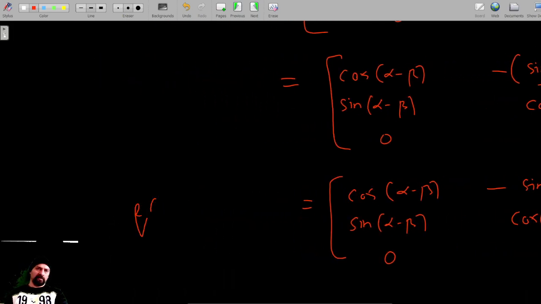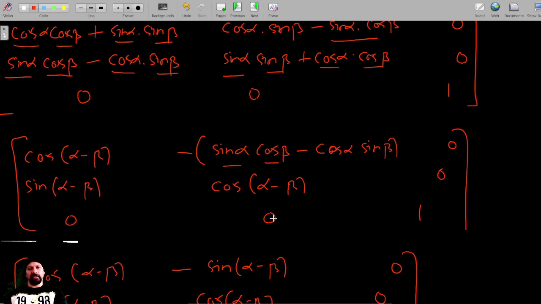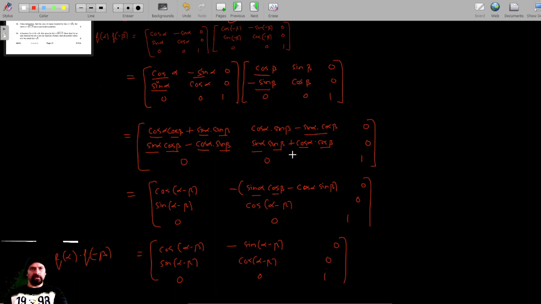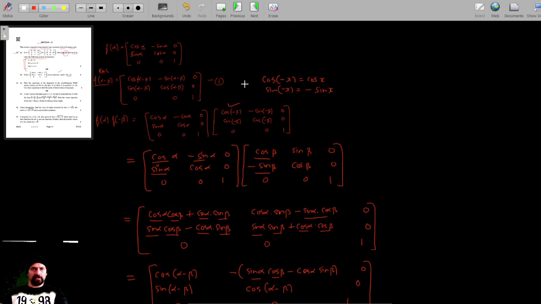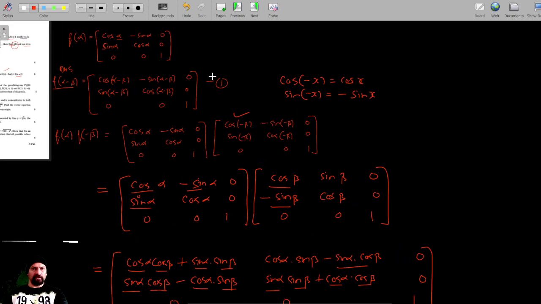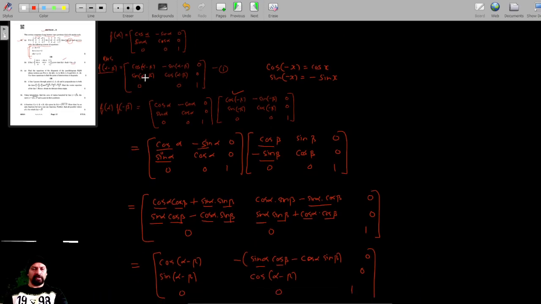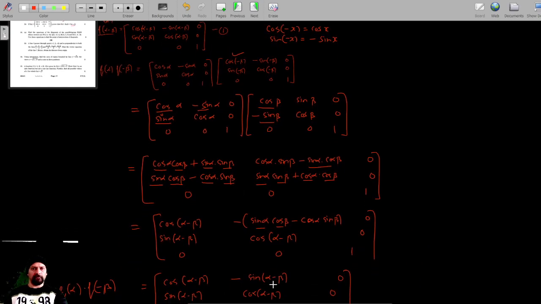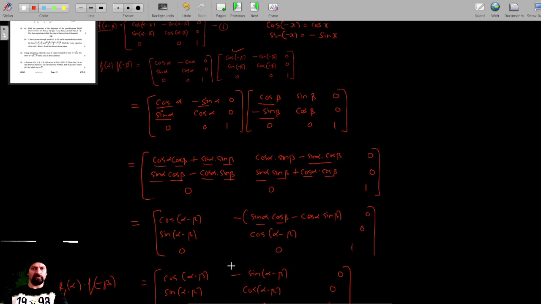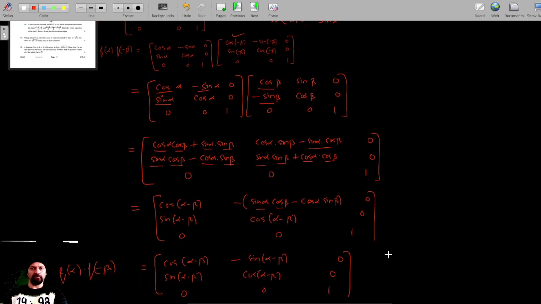So this is f(alpha) into f(negative beta). And if we compare this with f(alpha minus beta), which is cos of alpha minus beta, minus sine of alpha minus beta, 0, sine of alpha minus beta, cos of alpha minus beta.